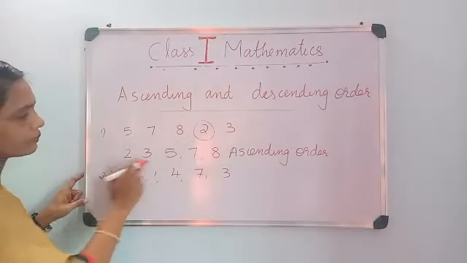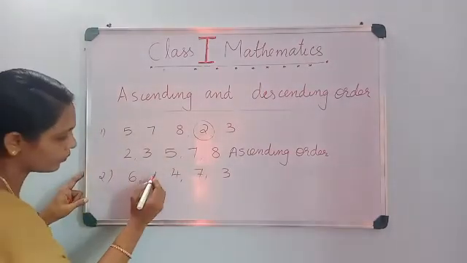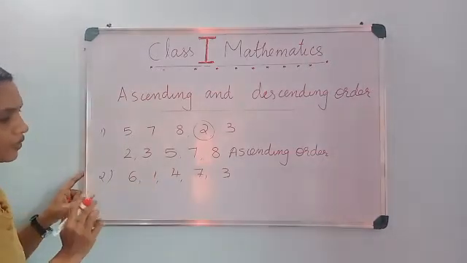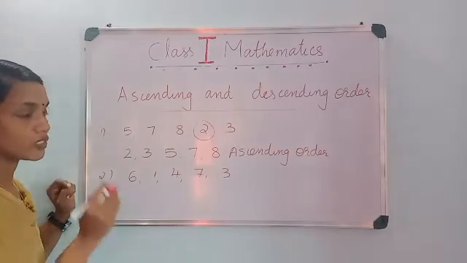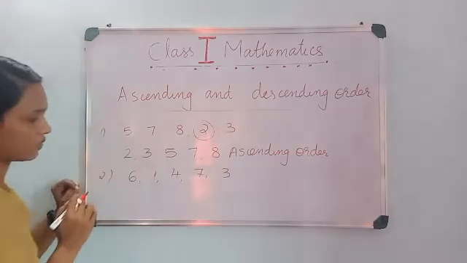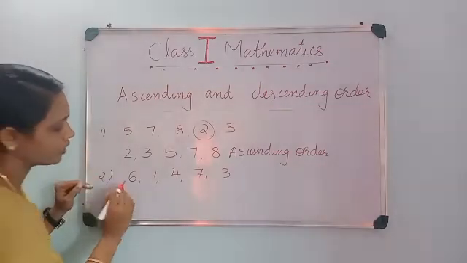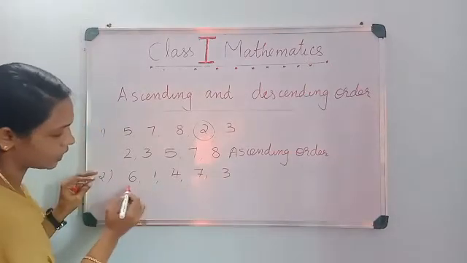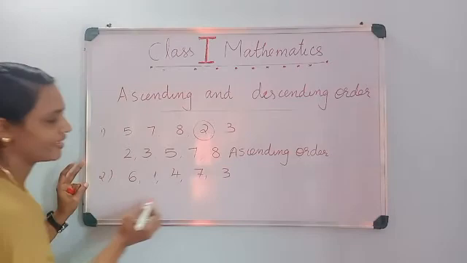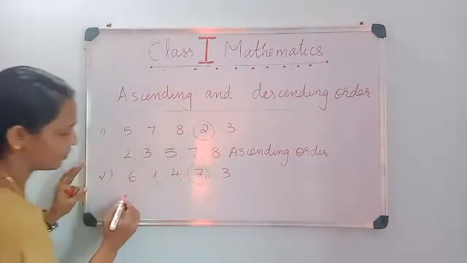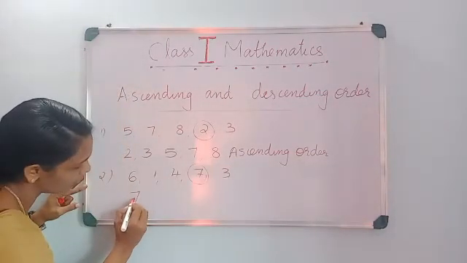Descending order means we start from the greatest number or biggest number. In this group of numbers, which is the biggest one? Yes, it is 7. Then we write first 7.